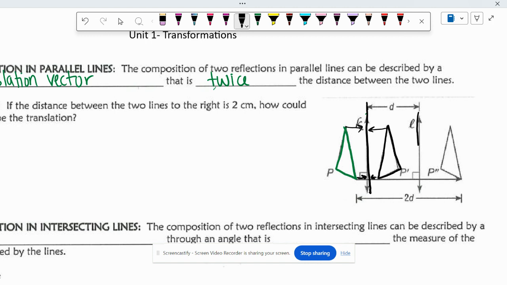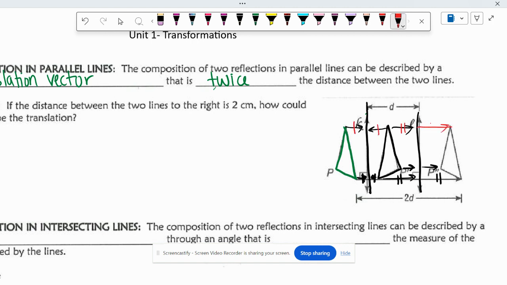But then I reflect it over another line, which is parallel. However far this is away would be that far away. This would be the same, and this would be the same. So notice that this measure is right here, and this measure is doubled right here. These two guys are the same, and these two guys are the same, right?